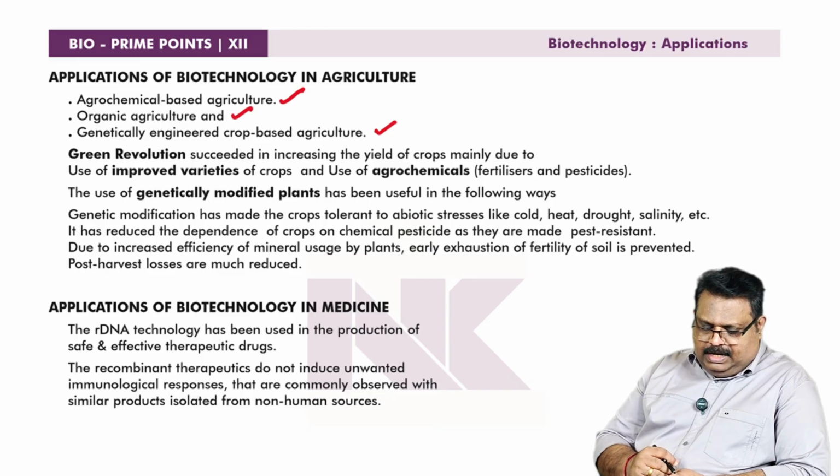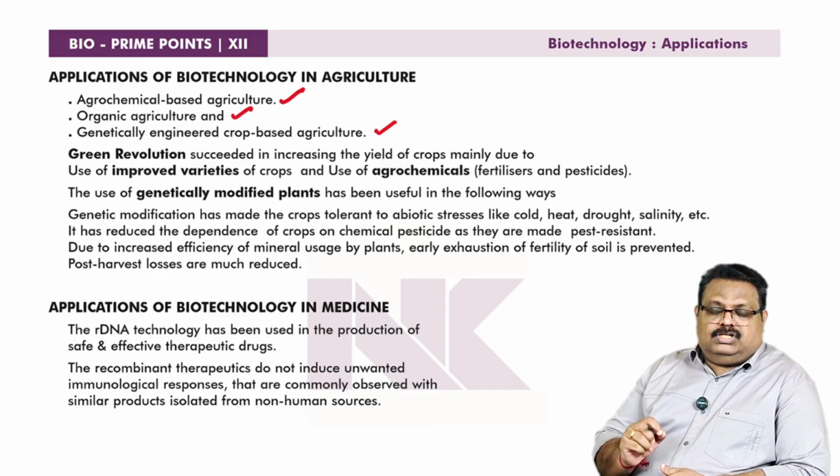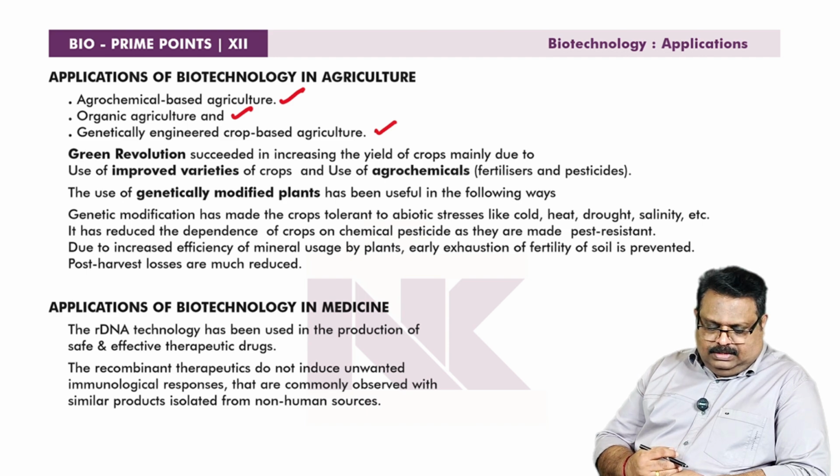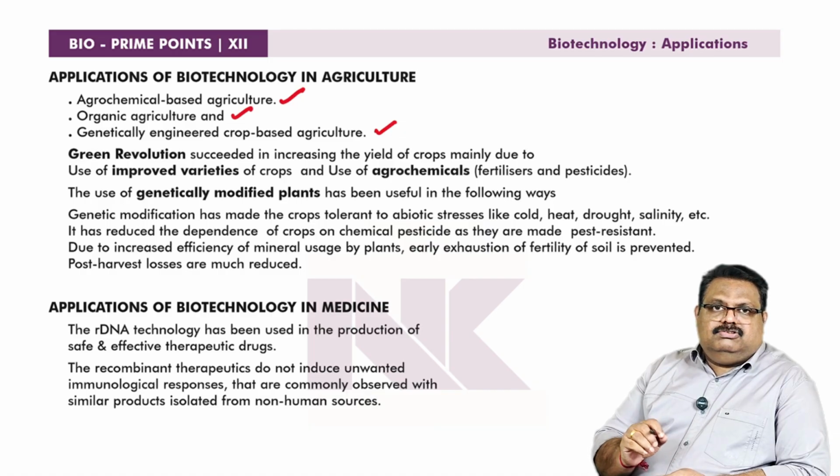Genetic modification has made the crop tolerant to abiotic stresses like cold, heat, drought, salinity, etc. Then it has reduced the dependence of crops on chemical pesticides as they are made pest resistant. Due to increased efficiency of mineral usage by plants, early exhaustion of fertility of the soil is prevented. The fourth one, the post-harvest losses are much reduced. So these are the significances of using genetically modified plant-based agriculture.